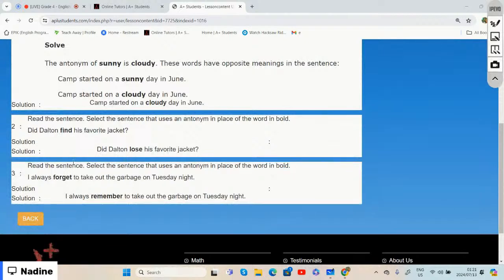All right, it says, did Dalton find his jacket? So did Dalton find his jacket? We need to say the opposite of find.